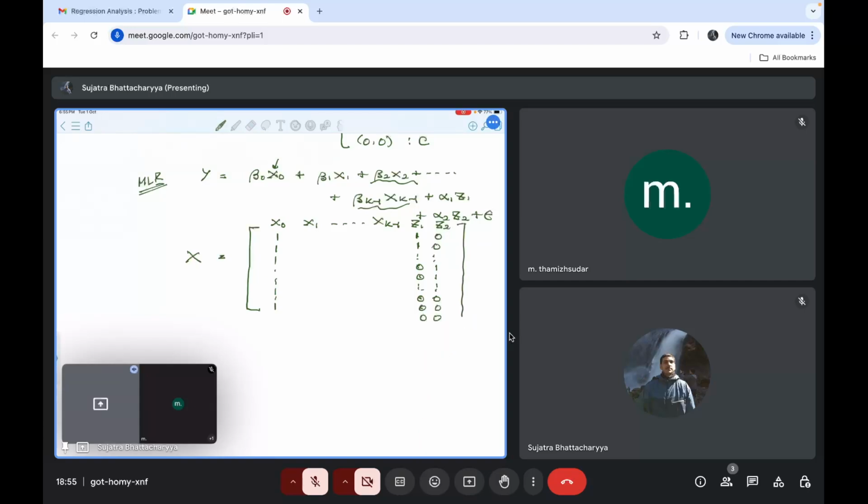So 1 0 corresponds to set A, 0 1 is coming from set B, and finally 0 0 is coming from set C. Okay, so this is how the X matrix has to be formed.